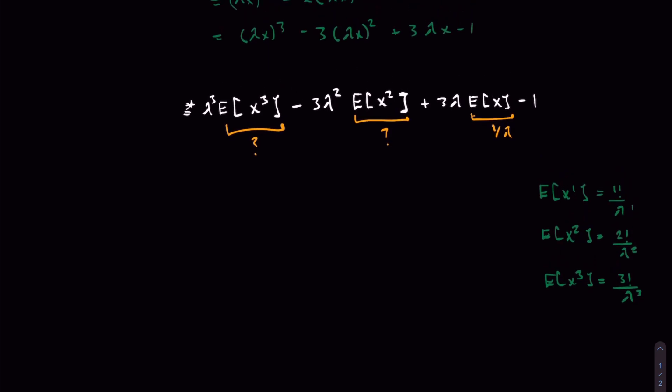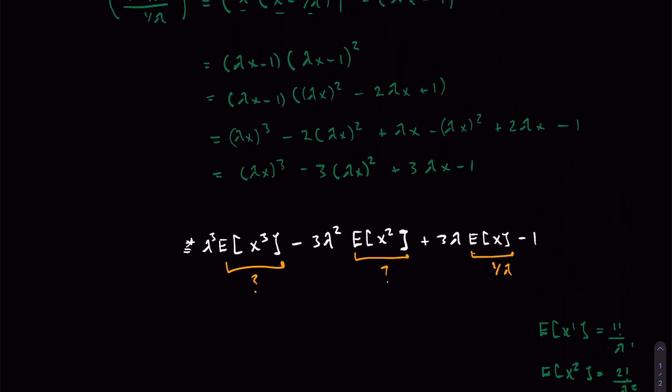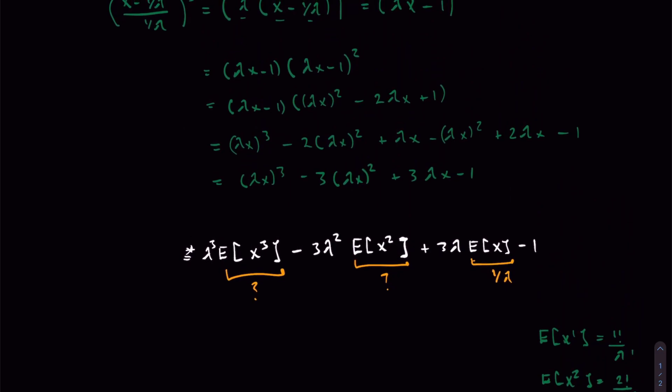Okay, so this follows from the hint, but the hint relies on a combination of using the MGF and the Taylor series to map each term in that expression to the moments.